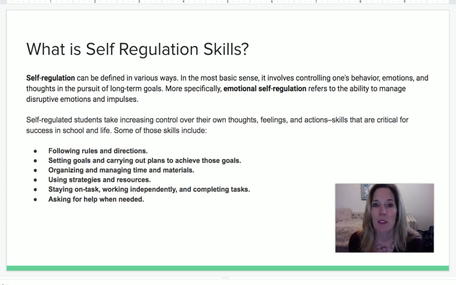So some of the things that we want to focus on are following rules and directions, setting goals and carrying out plans to achieve these goals, organizing and managing time and materials, using strategies and resources, staying on task, working independently, and completing tasks. Wouldn't that be nice? And asking for help when needed. All of these are so needed skills when it comes to life.